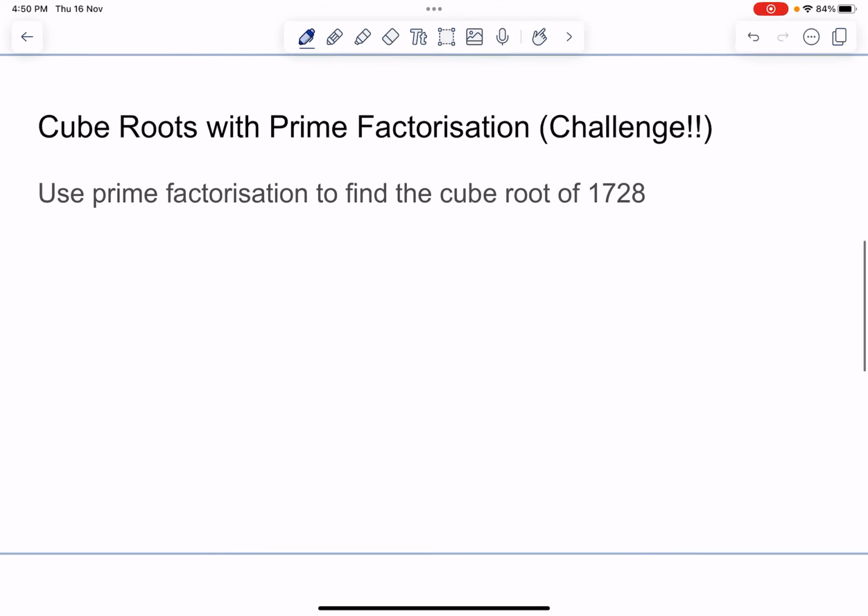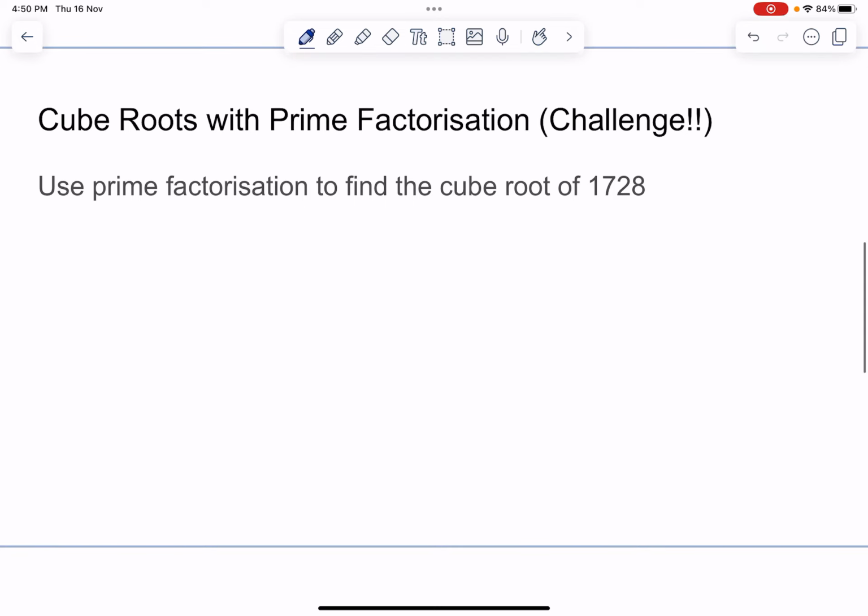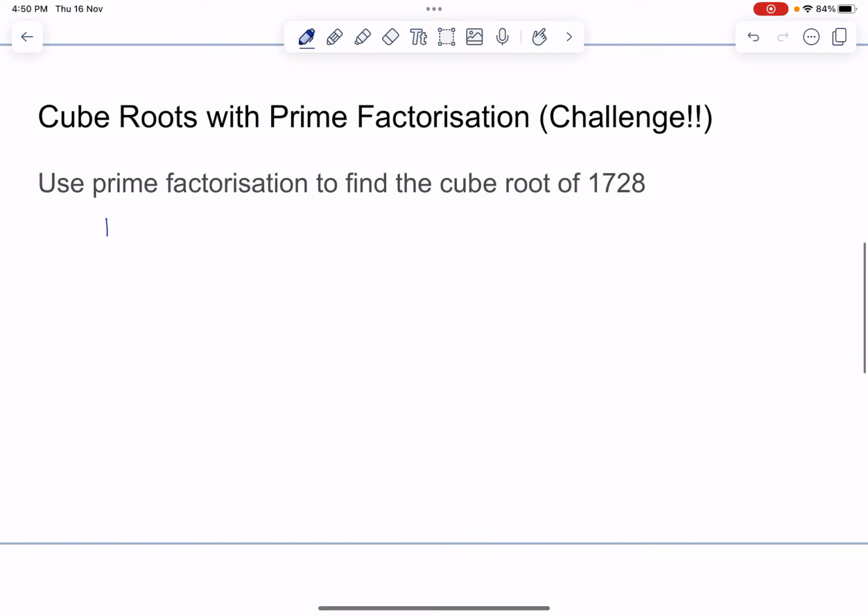Now we are trying to find a cube root. So cube root of 1728. Actually, the nice thing is we have exactly the same strategy. So we will actually try to do a prime factorization of 1728.